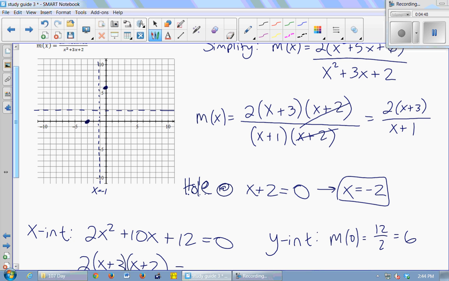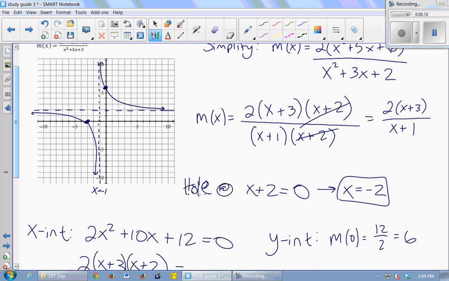All right, so now my graph would look something like this, because I know it always wants to hug its asymptotes. So it's going to look something like this. I go from my intercepts towards my asymptotes, except I have to make a little correction because there's a hole at -2.